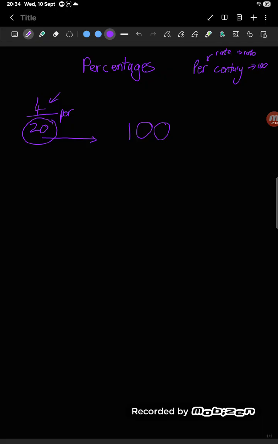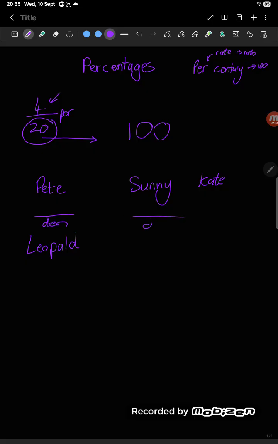The reason why we do it is because if Pete and Sunny and Kate and Leopold all use the same denominator to compare their different slices of pizza, to compare their marks, then they've got a common denominator.